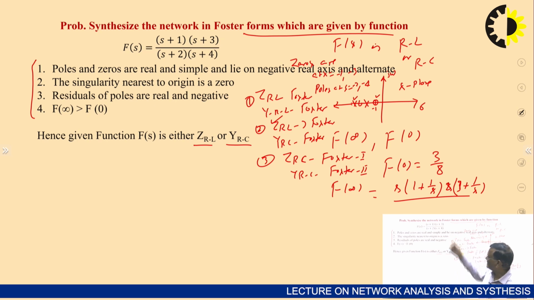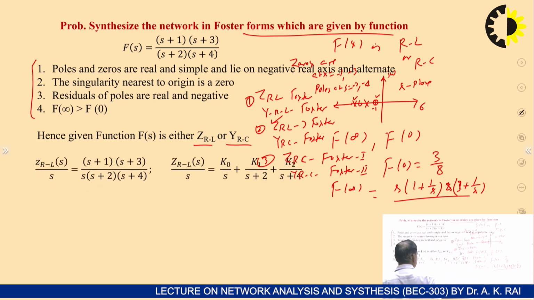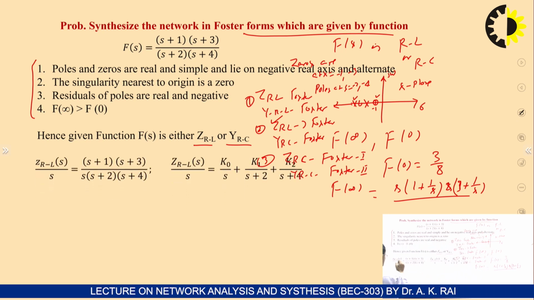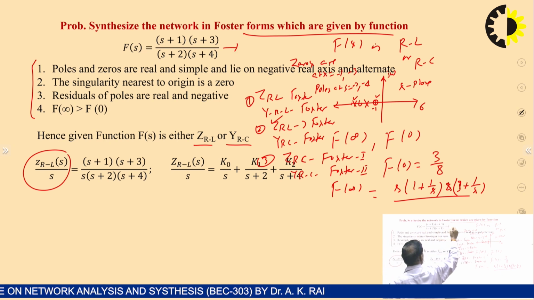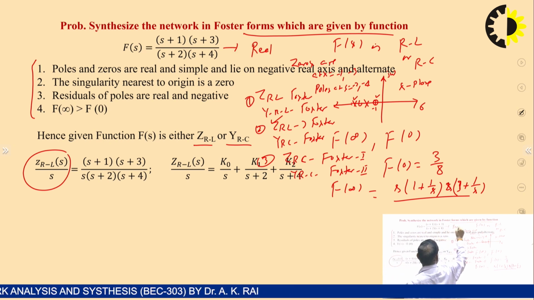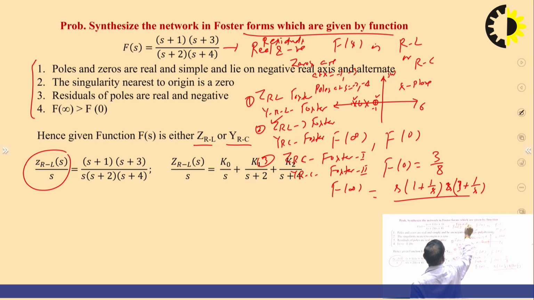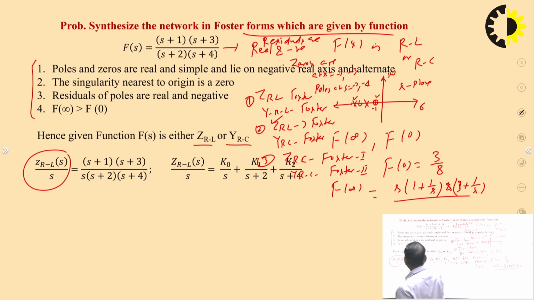So once we have decided the given function is ZRL, carry out the partial fraction expansion. Because we know that the residuals are real and negative, divide by s.